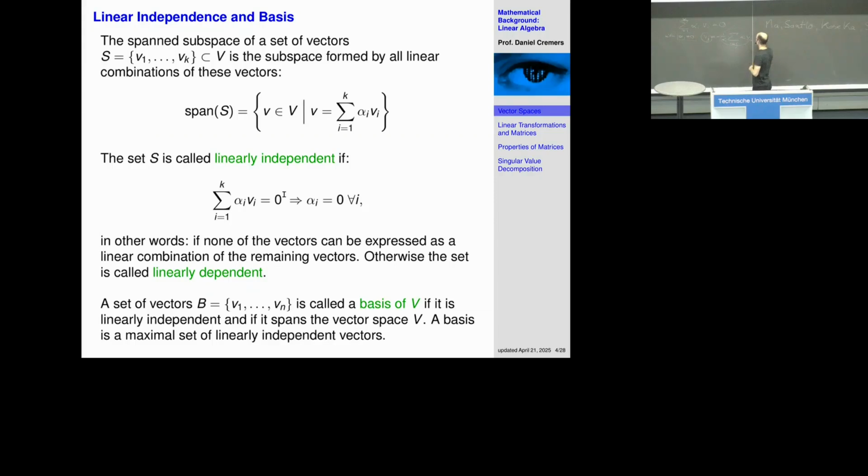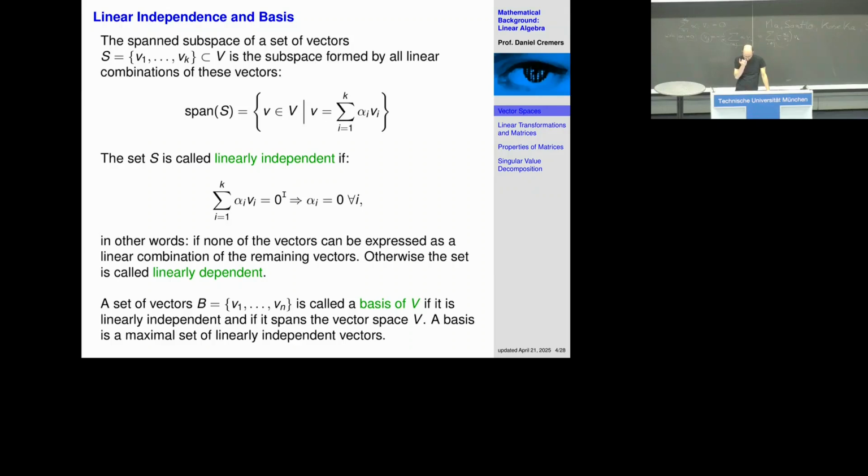In fact, you can write this as a sum over i not equal to j, where the coefficients are minus alpha i divided by alpha j times vi. And these are the coefficients that form this linear combination. So it's redundant. And the whole point, if you construct a basis of a vector space, is you want to avoid redundancy.